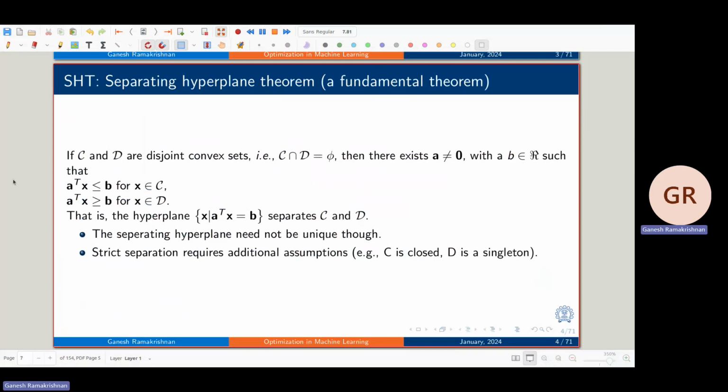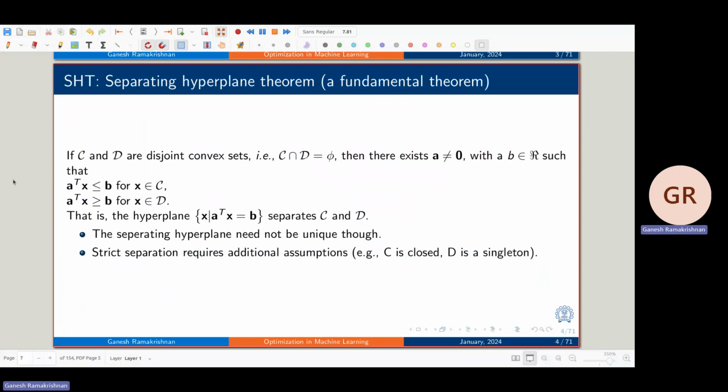Now, if the sets are not convex, what happens? The set is like this, right? And you have D. Now you see that C prime and D prime are disjoint, but there's no separating hyperplane, right?